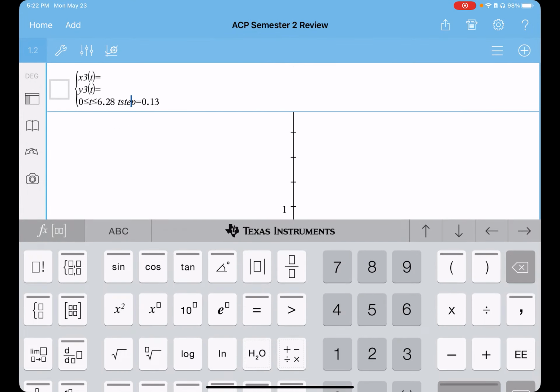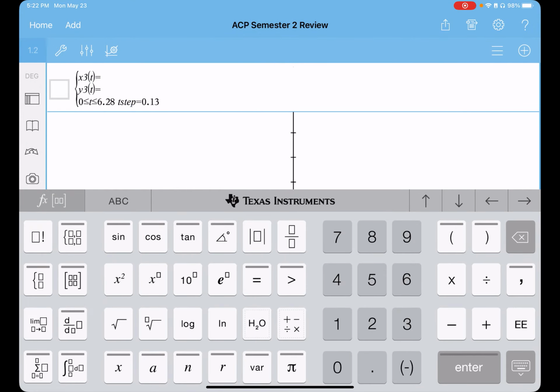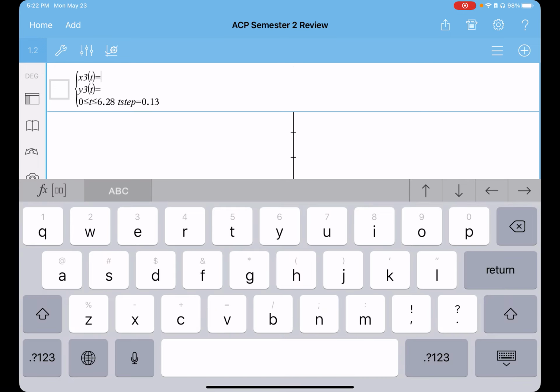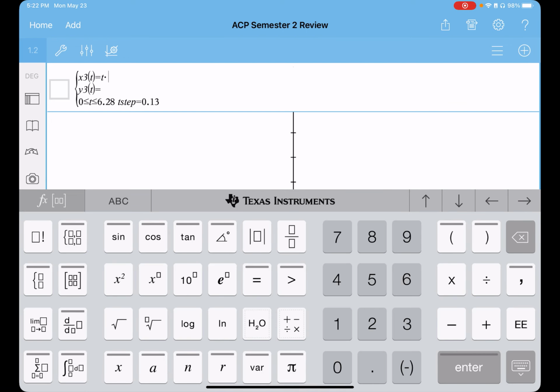Okay. Oh man, I deleted it. That's fine. I'll retype it. Okay, let me start over. T times 81 times cosine 66.